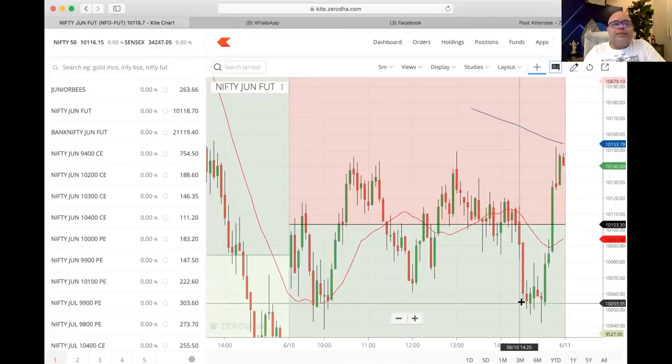So that way, if your trade is successful, you get 1:2, 1:3. But if you are not successful, then you lose your nominal amount, which is below the congestion zone, and you are out of it. So this is as far as sharing of screen is concerned. I'll try to do this every day if I am successful today.